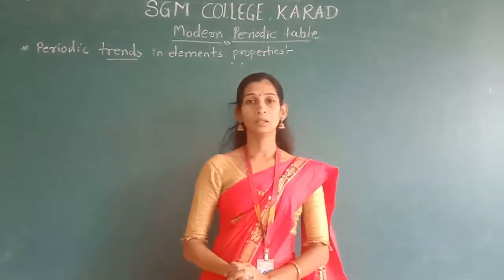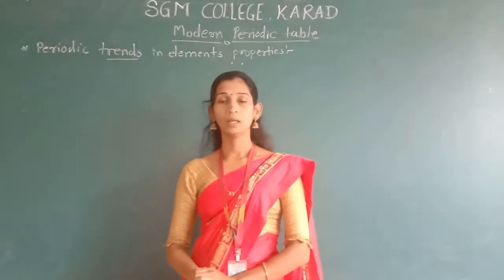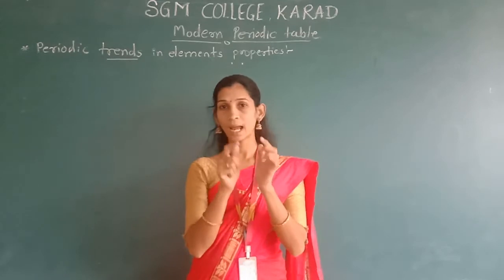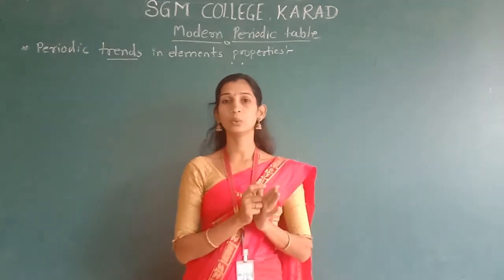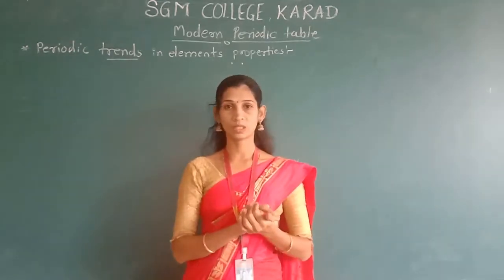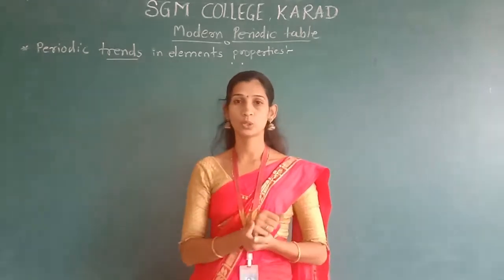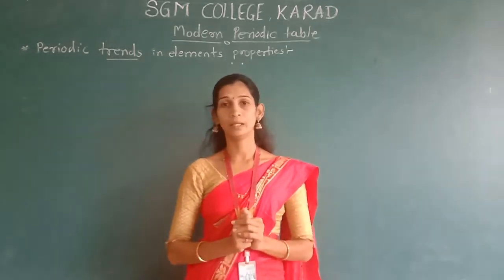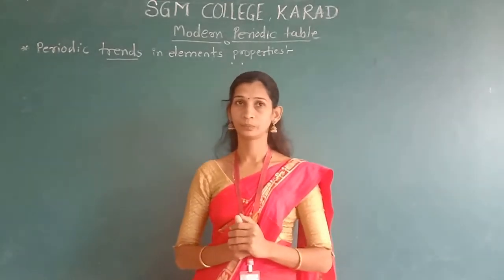Now in 9th or 10th class you studied that the elements have an atomic number. That atomic number is equal to the number of electrons present in its atom. Also at the center of the element, the nucleus is present.